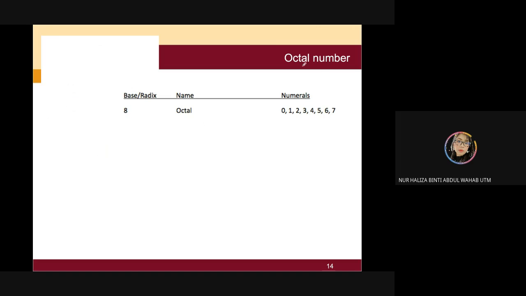So here is the octal number. Octal means 8. In base 8, you are going to have 8 digits. It starts with 0 until 7. You cannot have 8, 1, 2, base 8. This is invalid because in base 8 the representation only goes until 7.